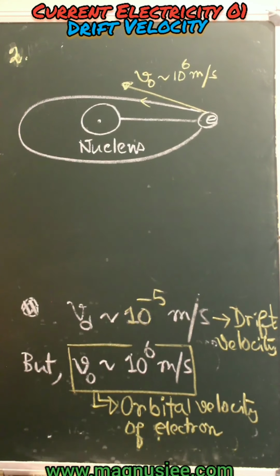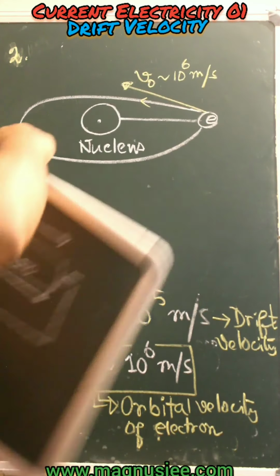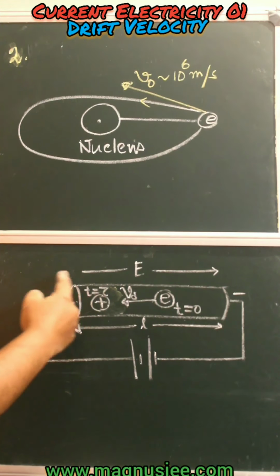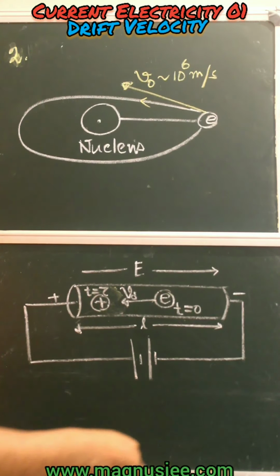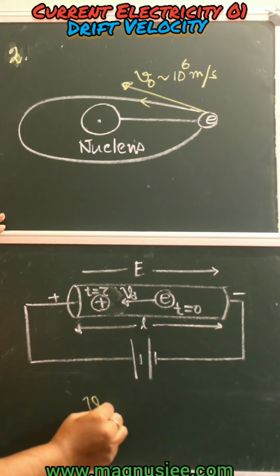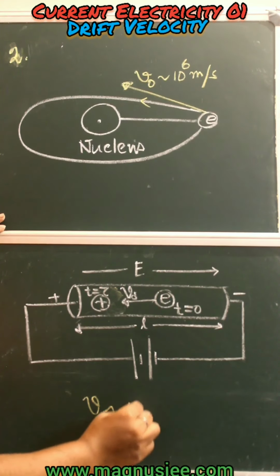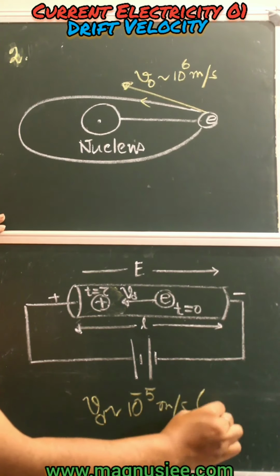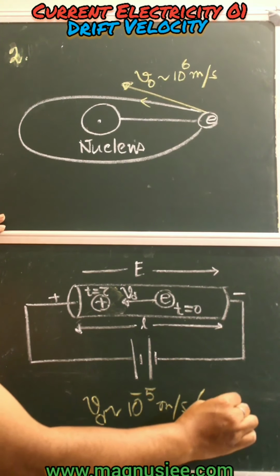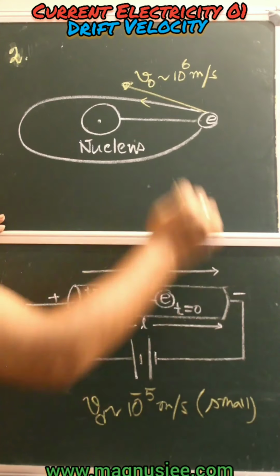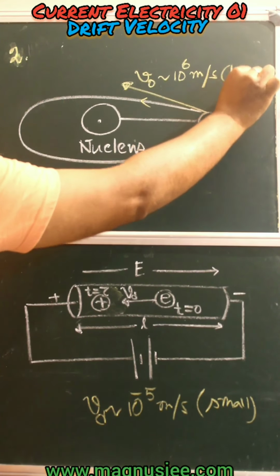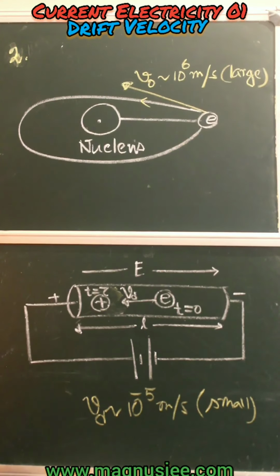But drift velocity Vd, of the order of 10 to the power minus 5 meter per second, is the small velocity with which an electron is accelerated towards the positive end of the conductor, and orbital velocity V0 is a very large velocity.